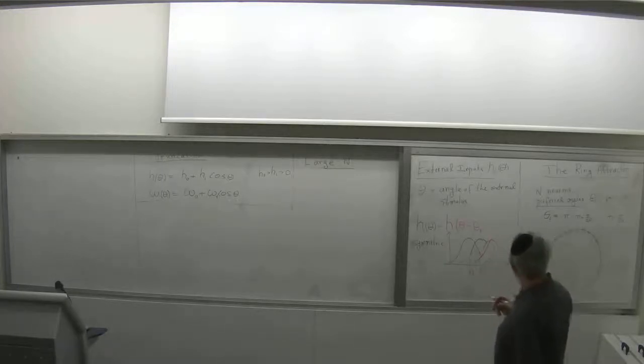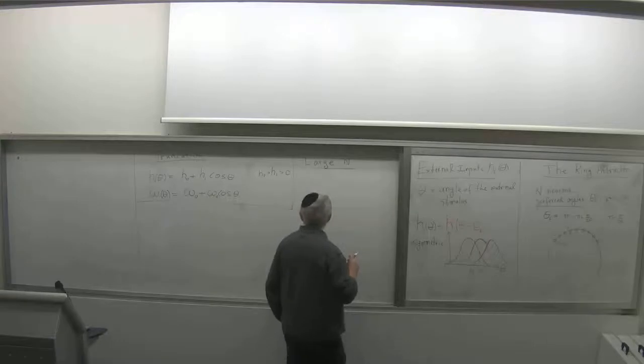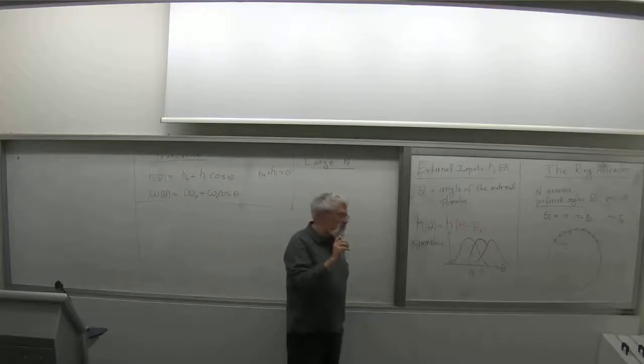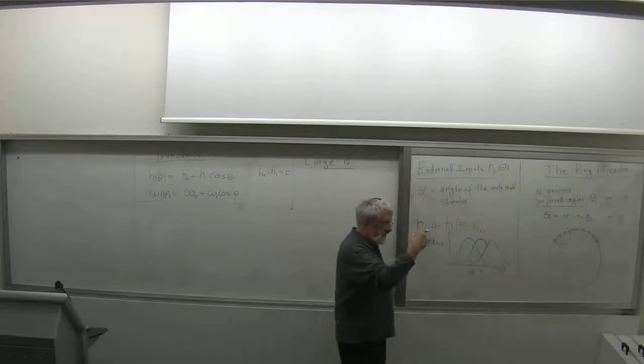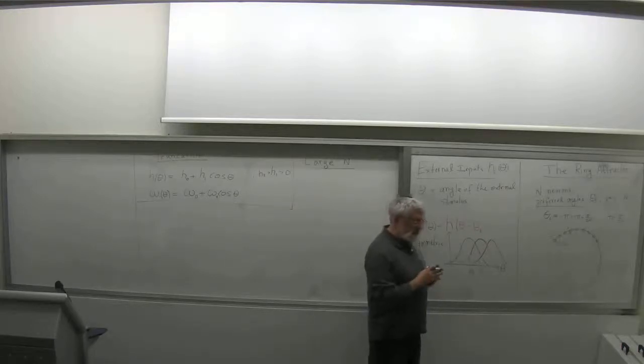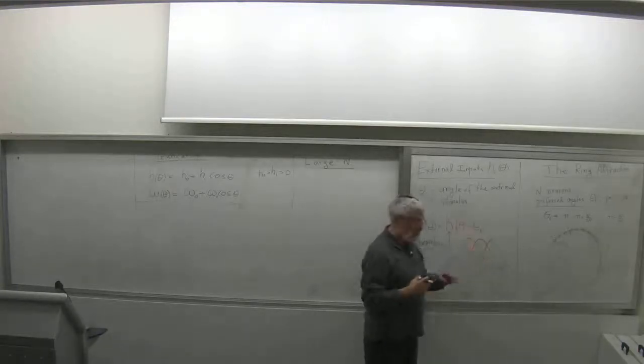You have to say something not only about the strength of the interactions, as in the all-to-all network that we discussed last week, but also about the range of the interaction, or the width of these curves.